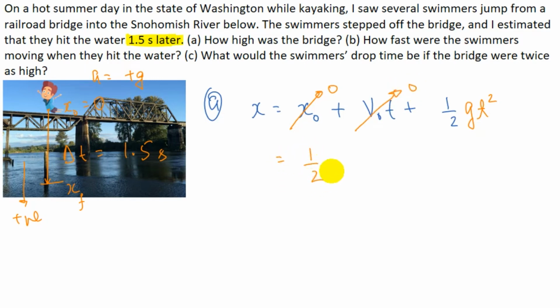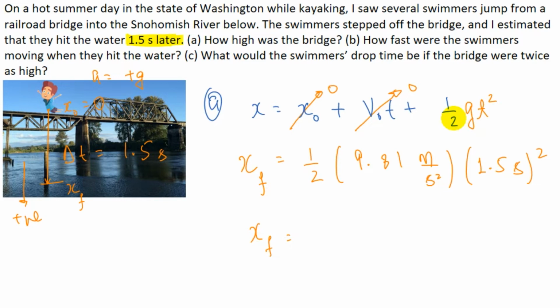So 1 over 2 times g, which is 9.81 meters per second squared, a standard value, times t, the time it took, 1.5 seconds, whole squared. This x basically represents the final position, so xf equals, solving with a calculator, 11 meters. Therefore the river is 11 meters below the bridge. This would be the answer for the A part.